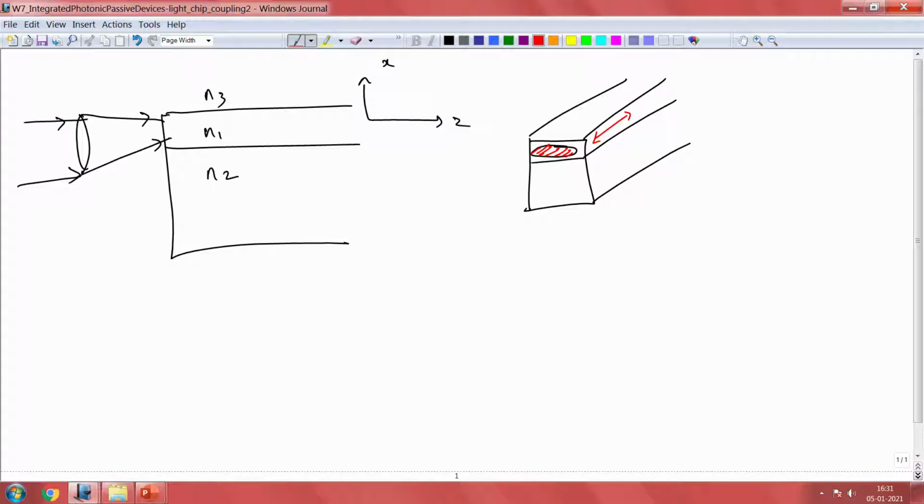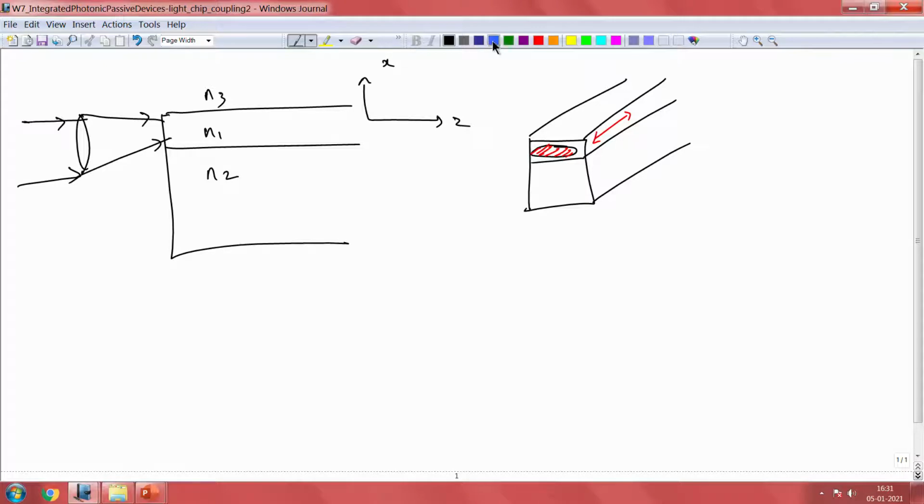It could be from free space to our thin waveguide here, or it could be from the waveguide to the free space, and later on you might be able to couple it to a fiber or other systems as you like.